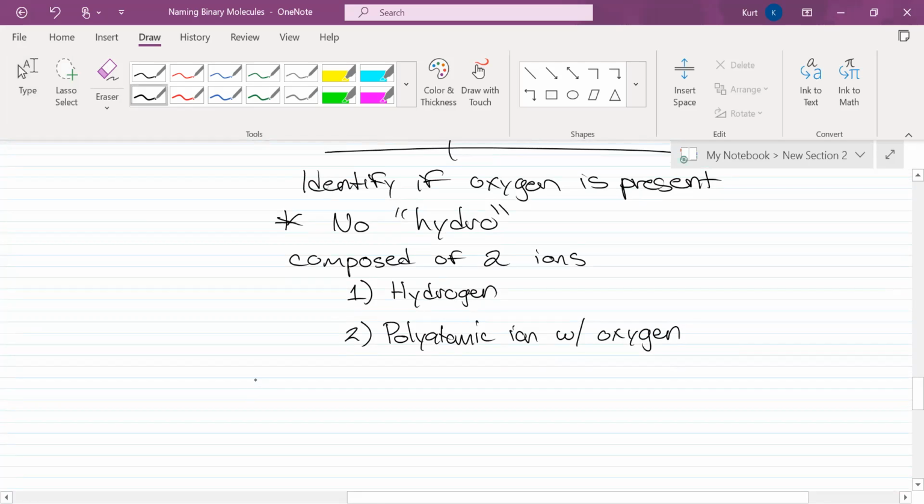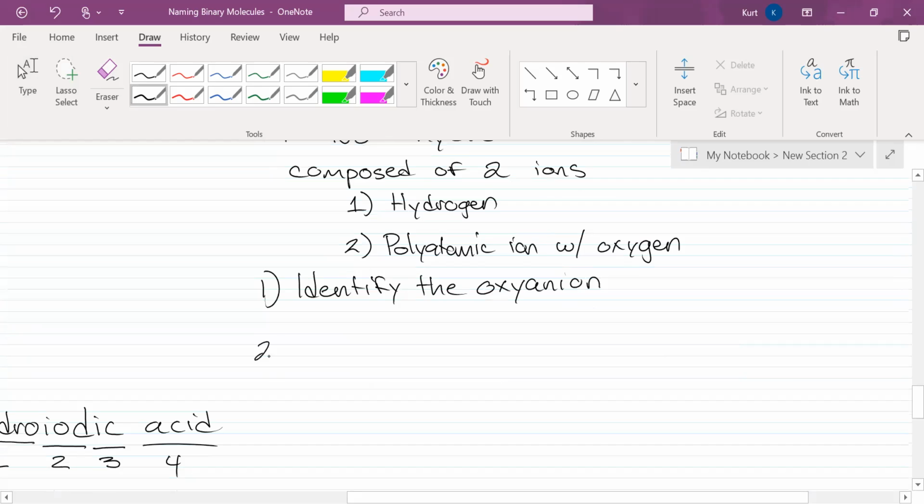So, rule number 1. Identify the oxyanion. An oxyanion is the negatively charged ion that possesses oxygen within it. Number 2.